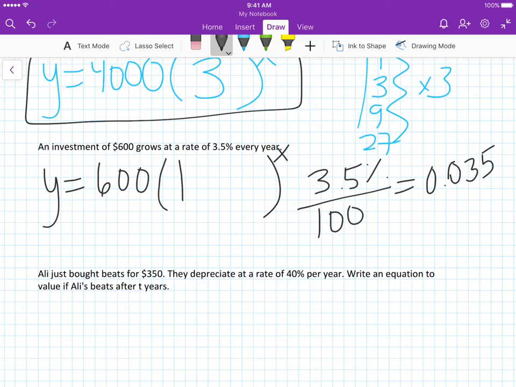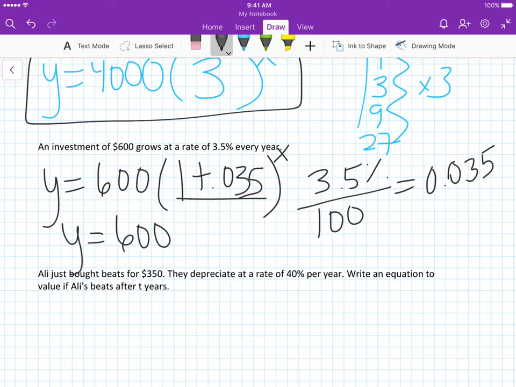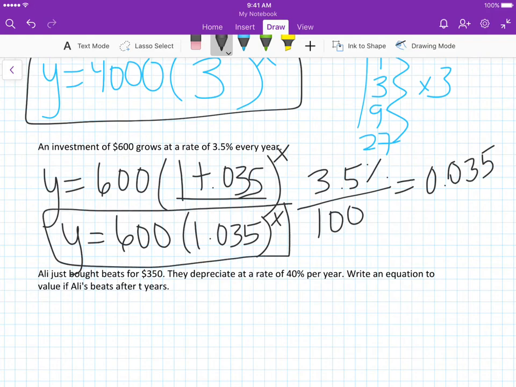In this case, we're growing, so I'm going to write plus 0.035. And then this I can combine here. So my final equation should be y equals 600 times 1.035 to the x power. And I'm done.